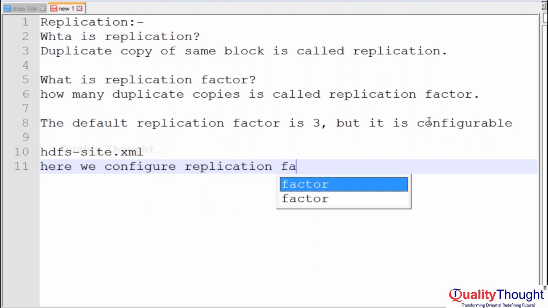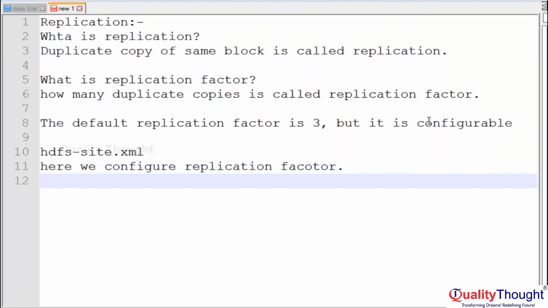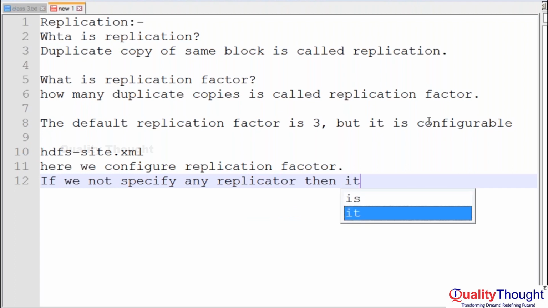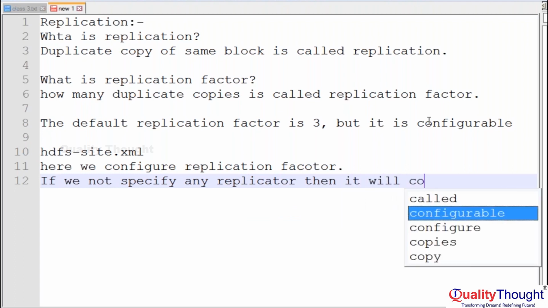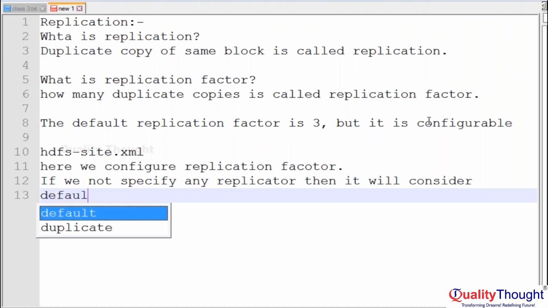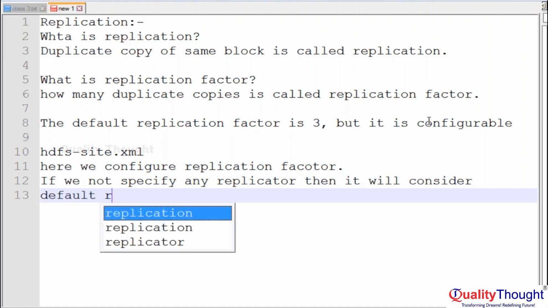If we do not specify any replication factor, then it will consider the default replication factor.